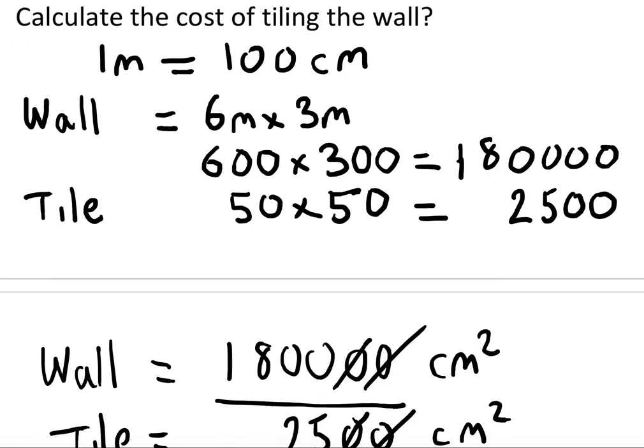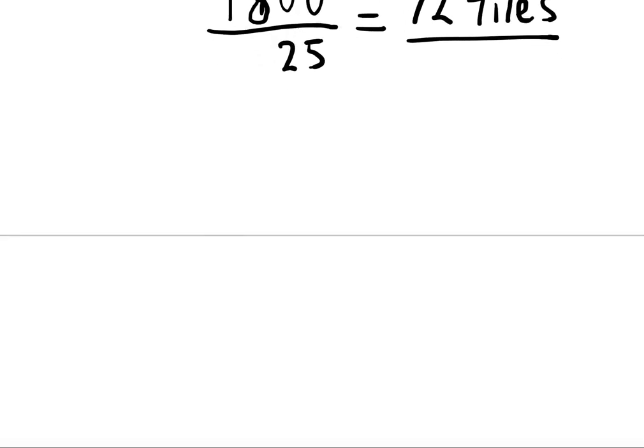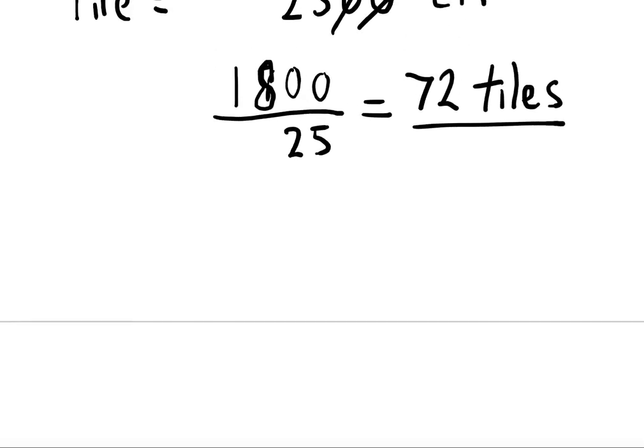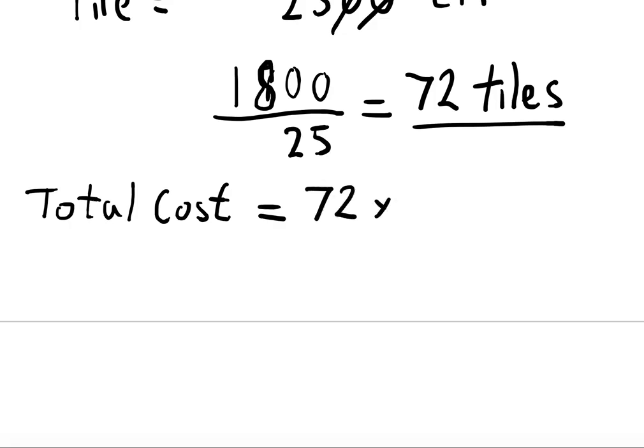So the total cost is going to be 72 times 4. What does that equal? 288.